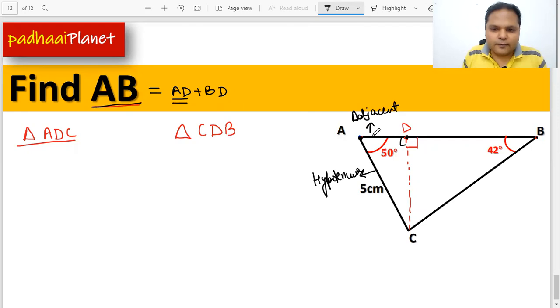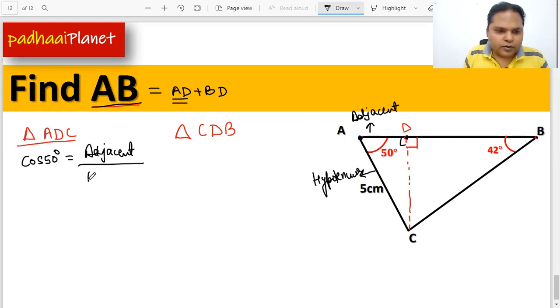So let's do that. AD can be found easily from this triangle ADC because we know that cos 50 degrees is equal to adjacent over hypotenuse, right?